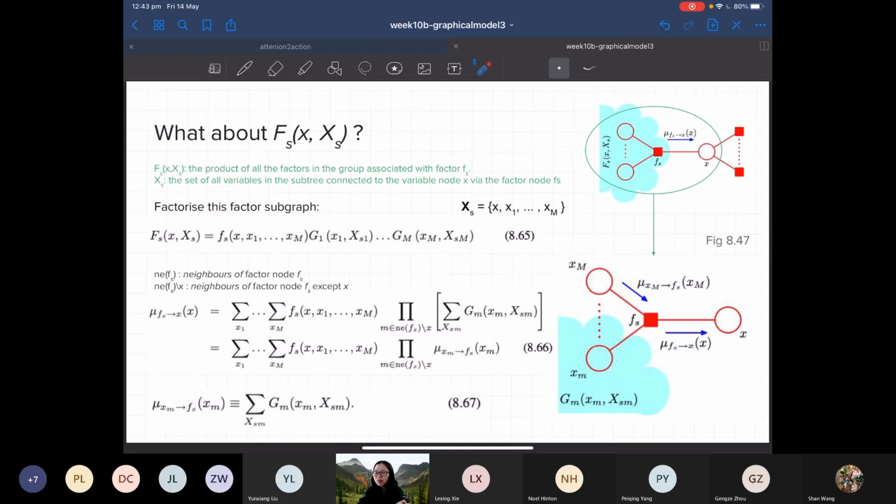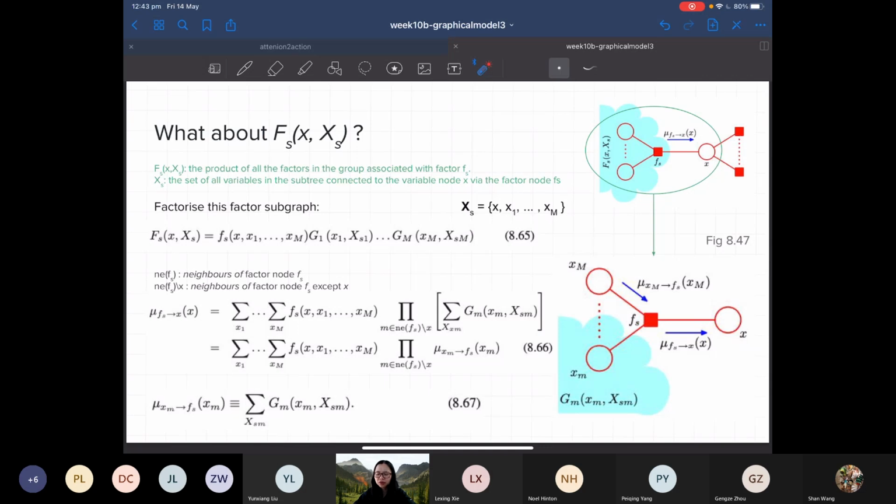in a little bit more detail. We've defined what's called a message propagating from a factor node to a variable node. By symmetry, we will ask, what is the message from a variable node to a factor node?